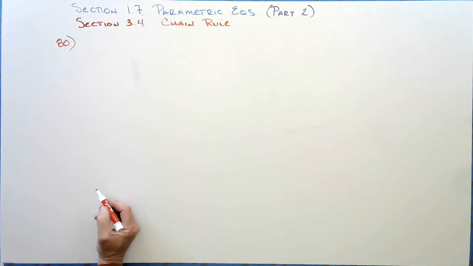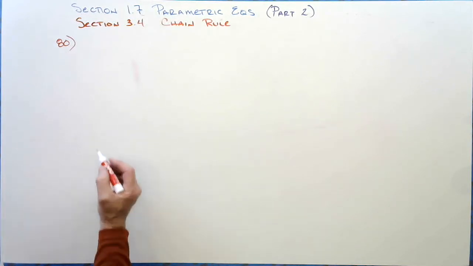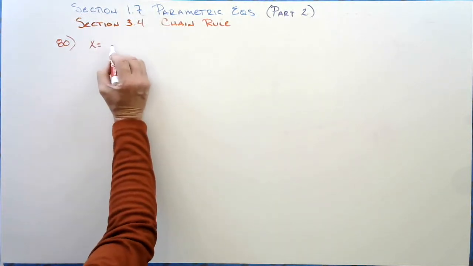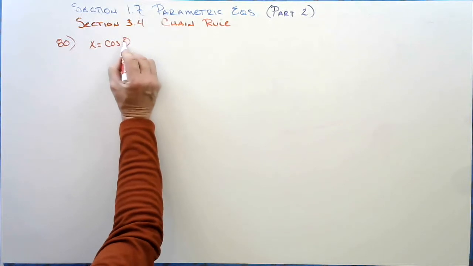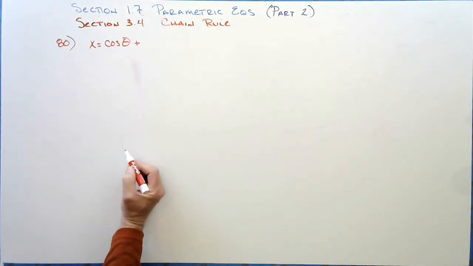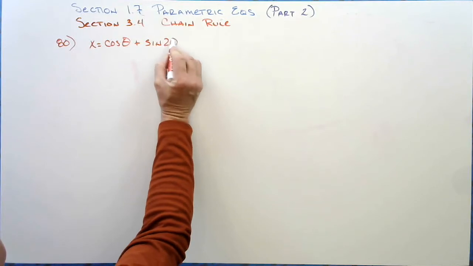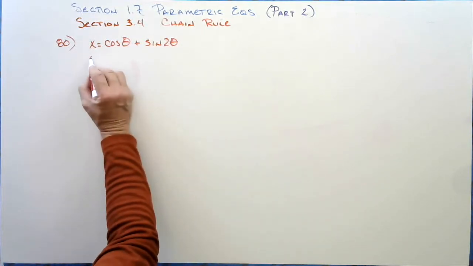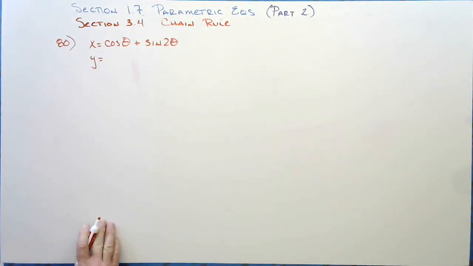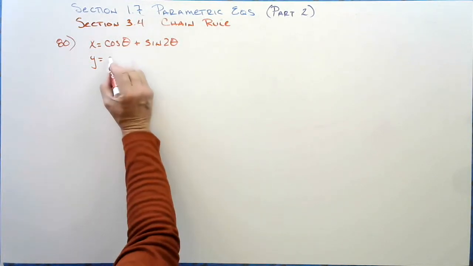It says x equals cosine theta plus sine of 2 theta. And they tell us y is equal to sine of theta plus cosine 2 theta.